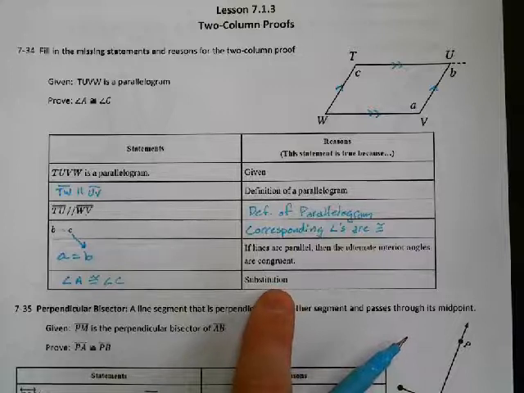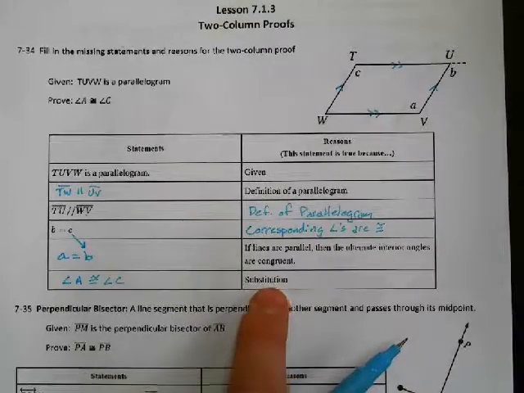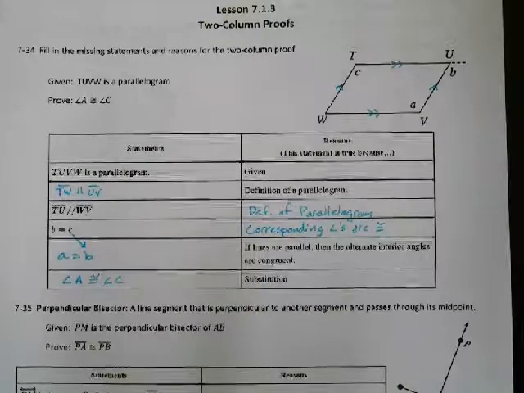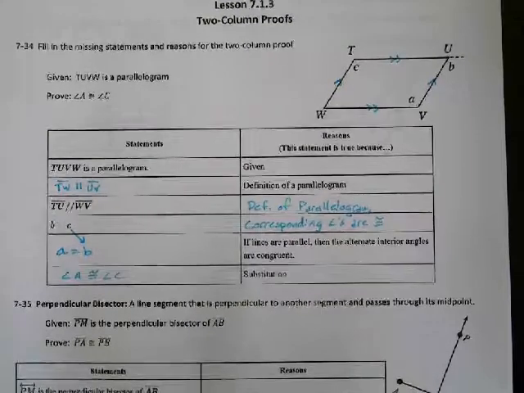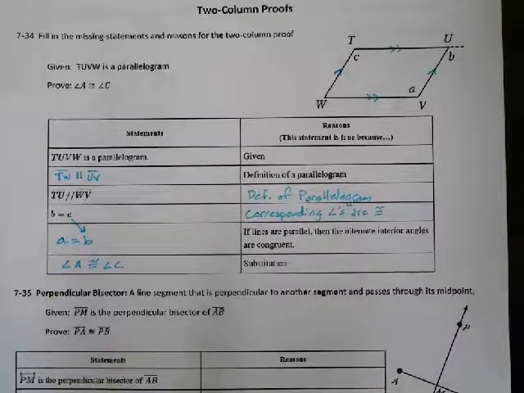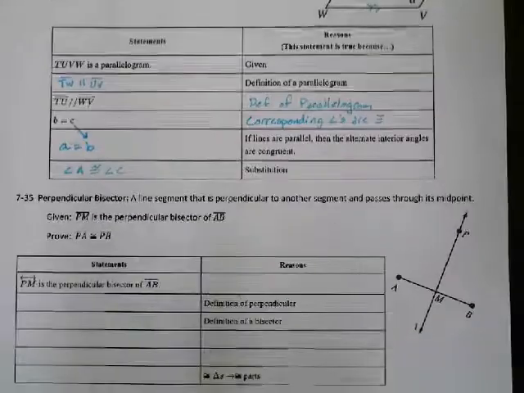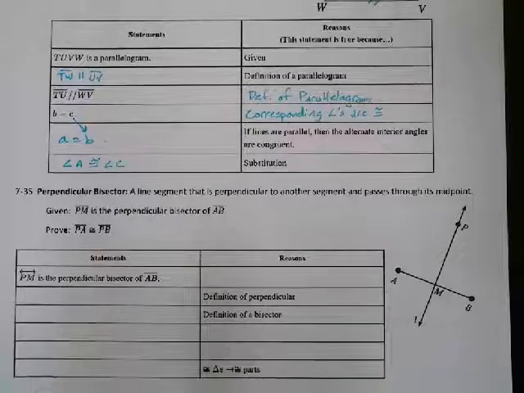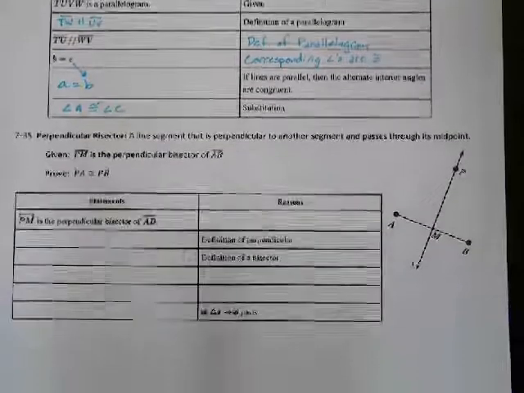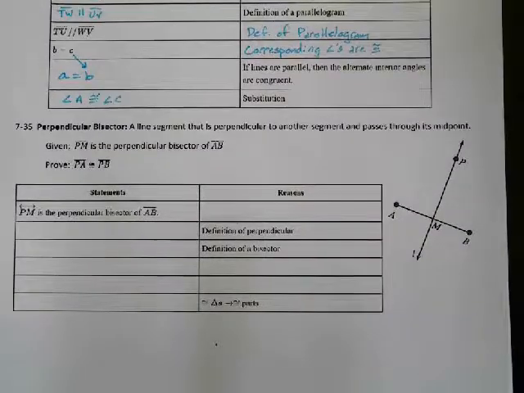Technically, it's not. It's called the transitive property or the law of syllogism. But again, your book kind of plays loose with some of our descriptions. So we'll just call it substitution just so we don't have different answers from the book. So we got substitution there.